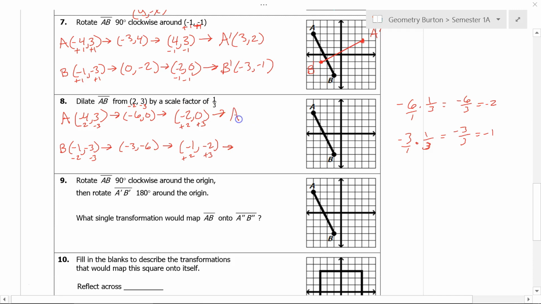Okay, and this will give me my final answer. So this is going to give me 0, 3. And B prime is going to be 1, 1.